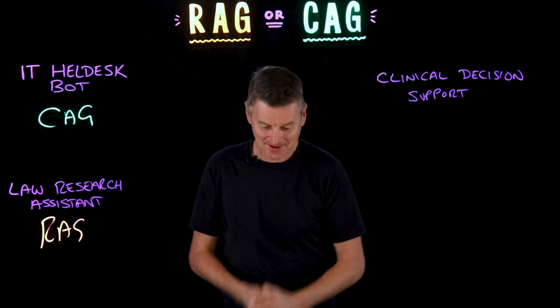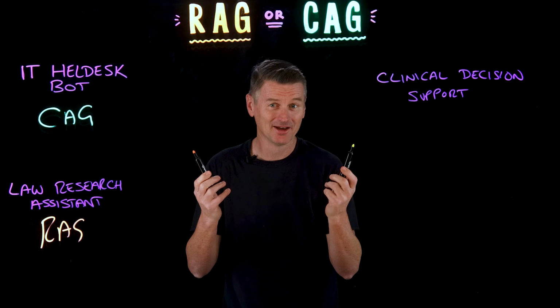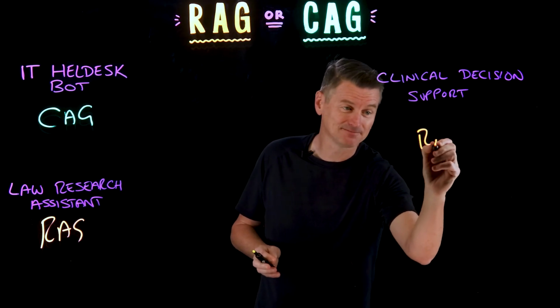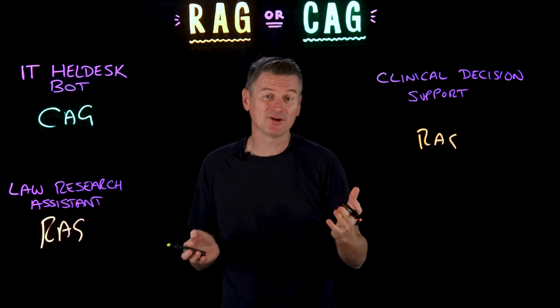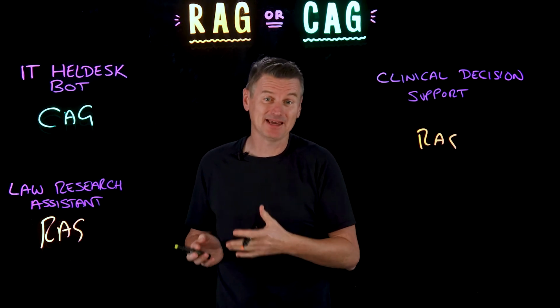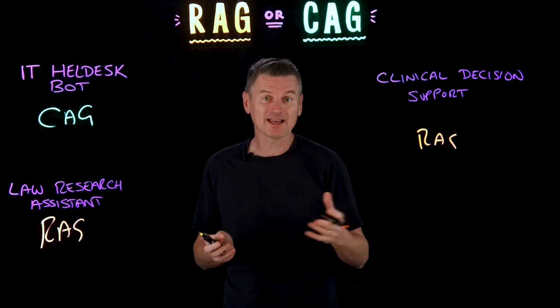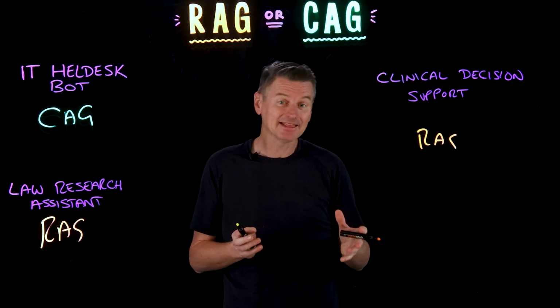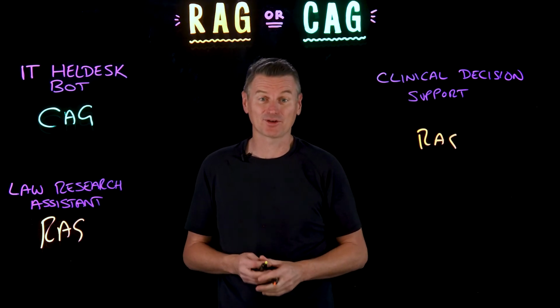Well, how about both? Because in this case, the system could first use RAG to retrieve the most relevant subset from the massive knowledge base. So pulling in specific sections of a particular patient's history and some research papers that are based on the doctor's query.